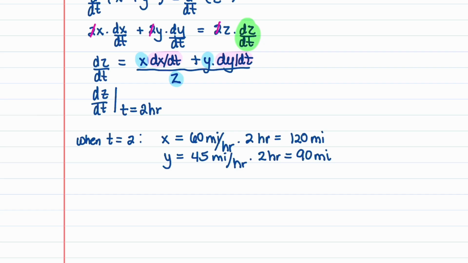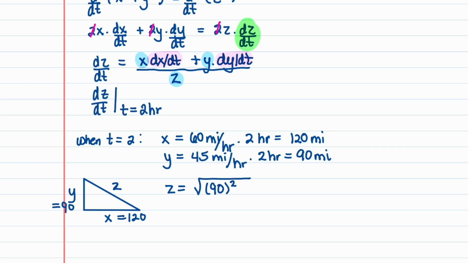So what we're going to have to do is go back to our diagram. I'll recopy it right here. This is x, this is y, and this is z. And x is 120, and y is 90. So z is going to be the square root of 90 squared plus 120 squared.